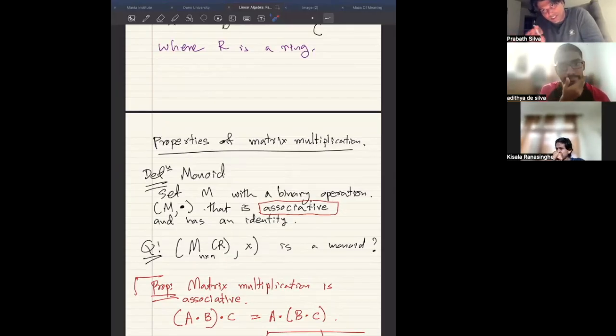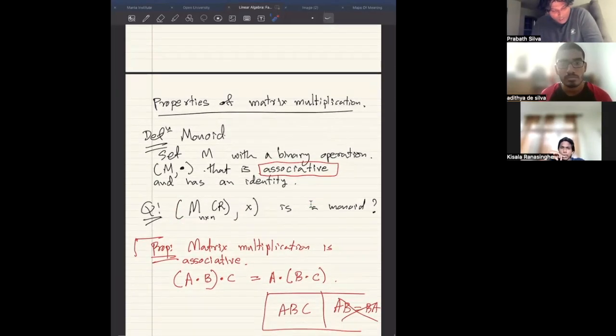It's going to produce something in the same set, same type. But the associative law, as it turns out, works as long as you can multiply the matrices.